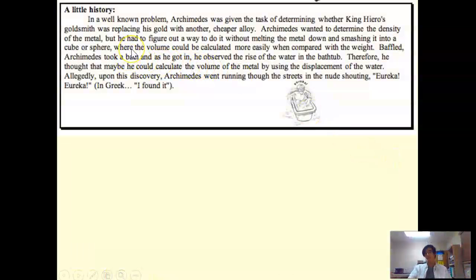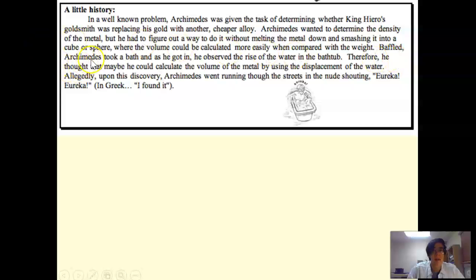Let's look at it over here, and I'm going to give you a little story, all right? Story time. In a well-known problem, Archimedes was given the task of determining whether King Hiero's goldsmith was replacing his gold with another cheaper alloy. Archimedes wanted to determine the density of the metal, but he had to figure out a way to do it without melting the metal down and smashing it into a cube or sphere where the volume could be calculated more easily when compared with the weight.